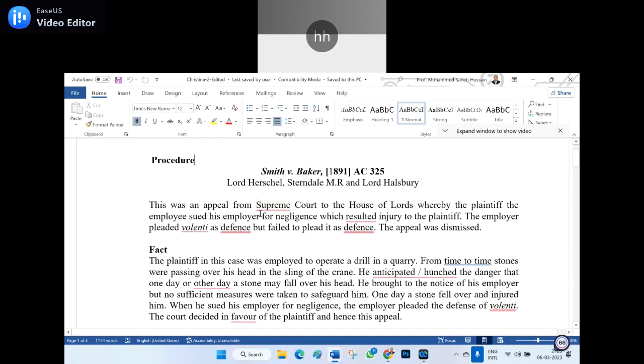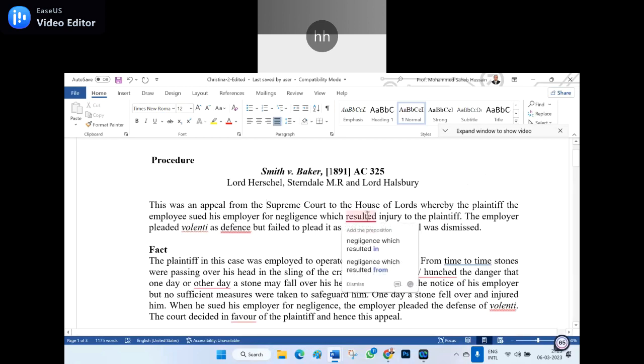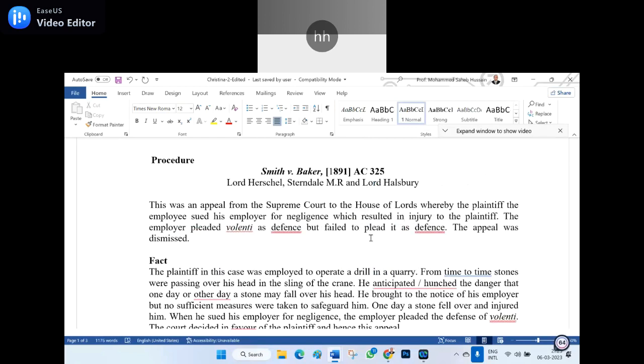This is an appeal from the Supreme Court to the House of Lords, whereby the plaintiff employee sued his employer for negligence. That is the issue number 1 involved over there, which resulted in injury to the plaintiff, and with that injury he wants to file a case against the defendant for compensation.